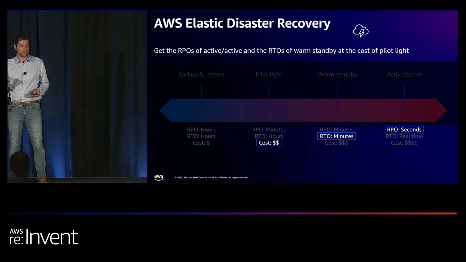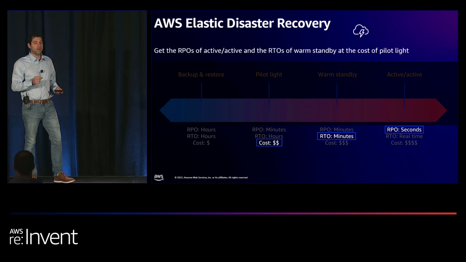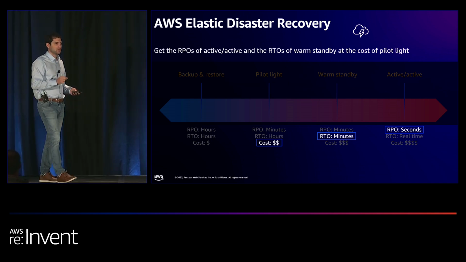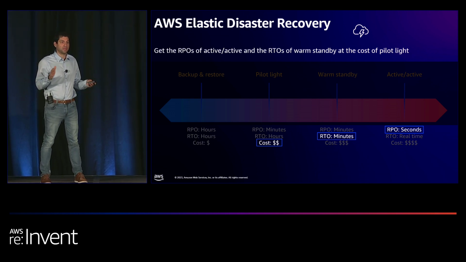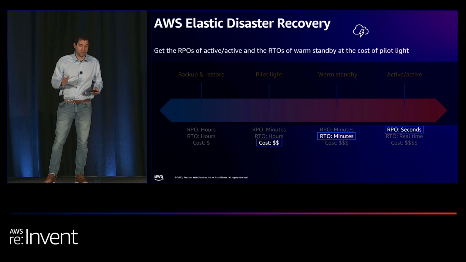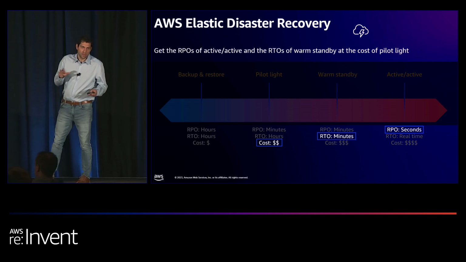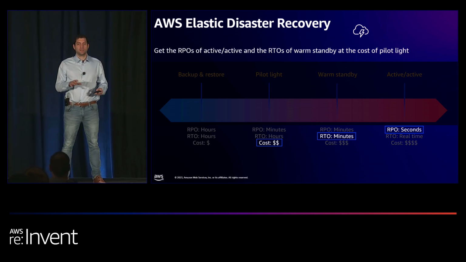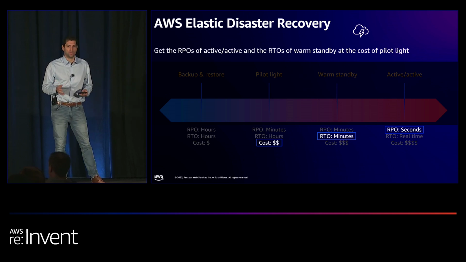So my RPO is of seconds. My RTO is of minutes, because I have some resources that are ready to be provisioned, but I still have to do some work on recovery. But the cost goes all the way down to pilot light, and we'll see how that works. So one of our main missions is to challenge these paradigms and give more cost-effective solutions that give more aggressive recovery objectives.